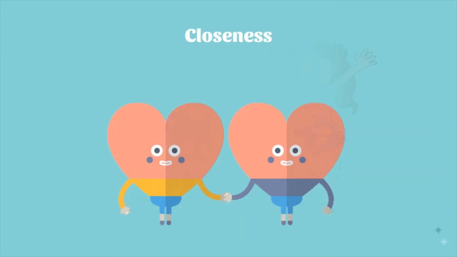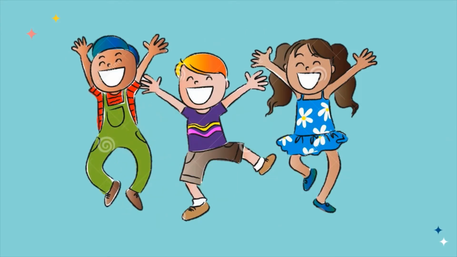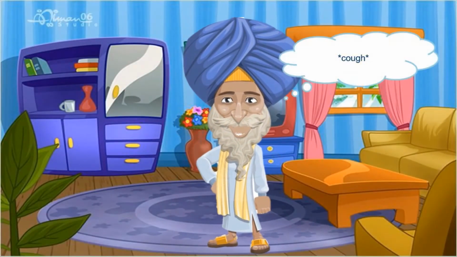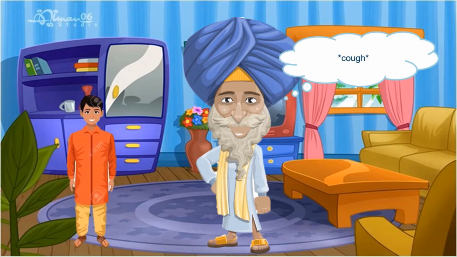Closeness. When you are close to someone, you will be happy to stay with them, do everything with them, think about them, care about them, and worry about them. In chapter 11 of the story, Harry is worried about Mr. Panbala, who has gotten sick during the monsoon season, and Jagu asks Harry to stay and help him till the Diwali festival.